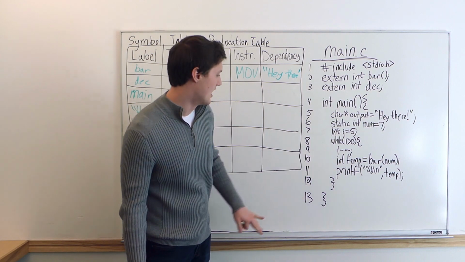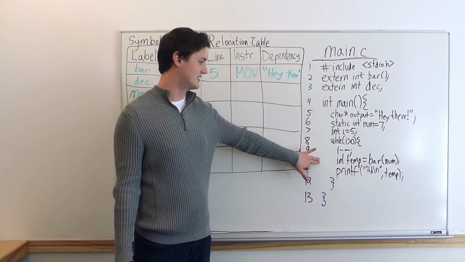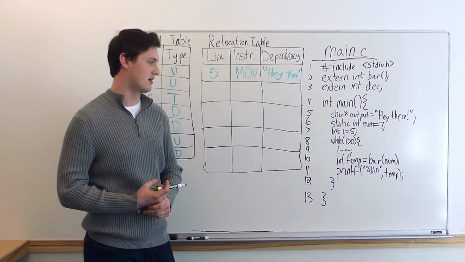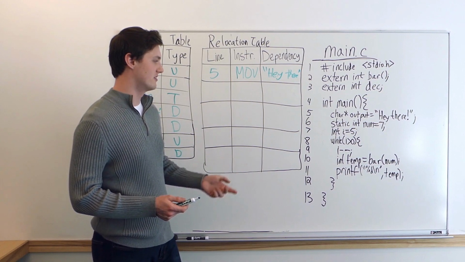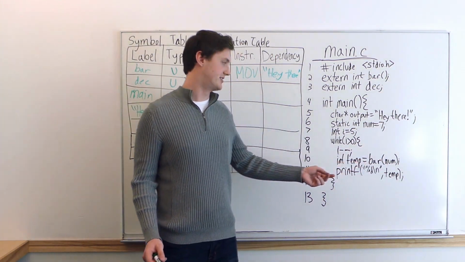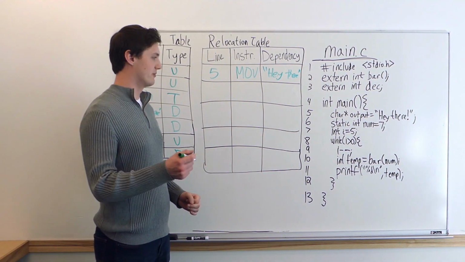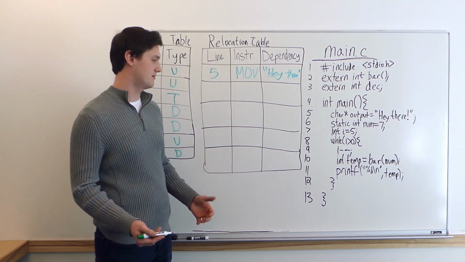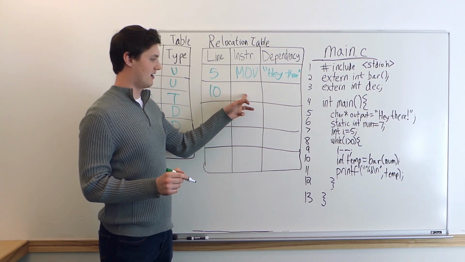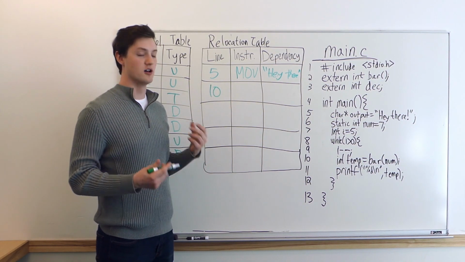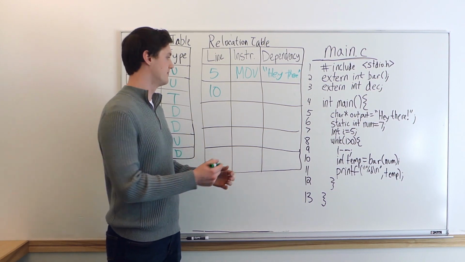And now we're at line 10 here, where we see int temp is equal to bar of num. So we have two different things going on here. First, notice that we have num, and num is referencing our symbol here, static int num. And so we're going to have to be able to fix that address up. So on line 10, our instruction would be a load, because we need to load the value within num as this parameter.